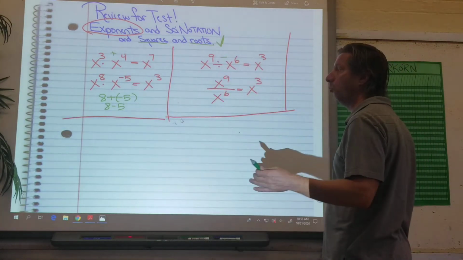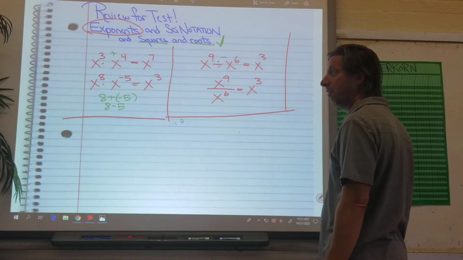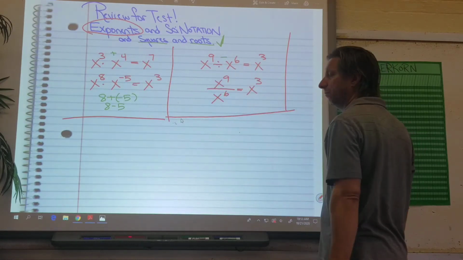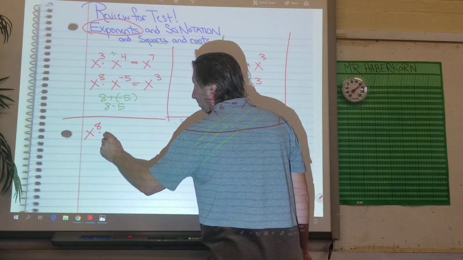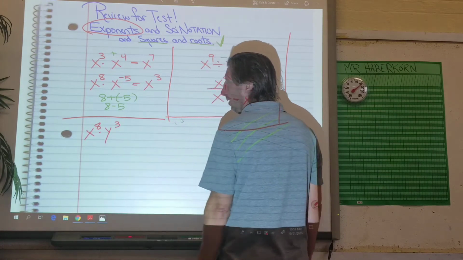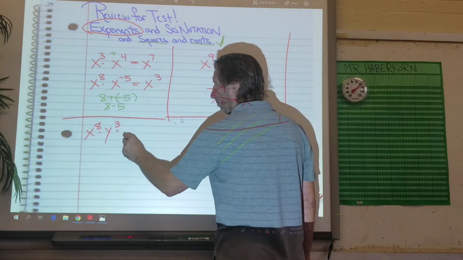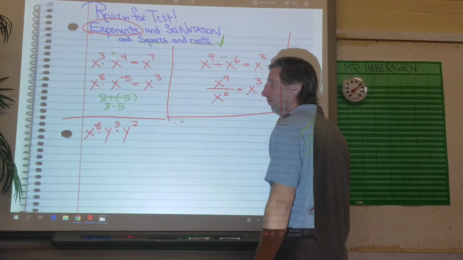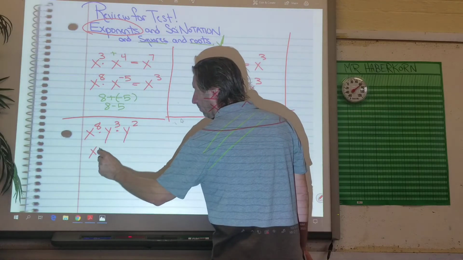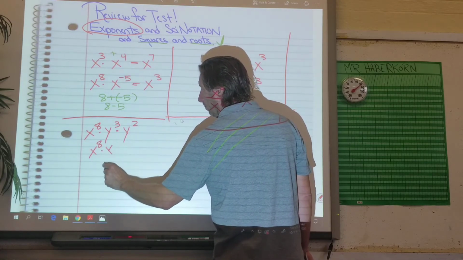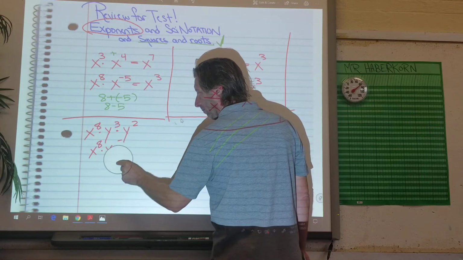Now remember, this only works if they have the same base, okay? So if I have this, and they ask you, we'll keep going. I can only combine the y's together, right? So my answer would be, sorry, that's a y.